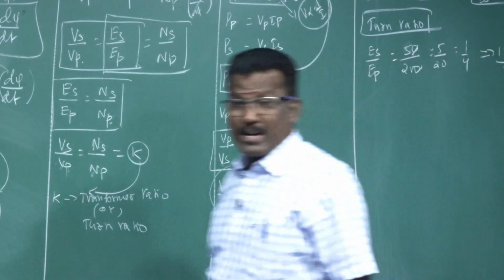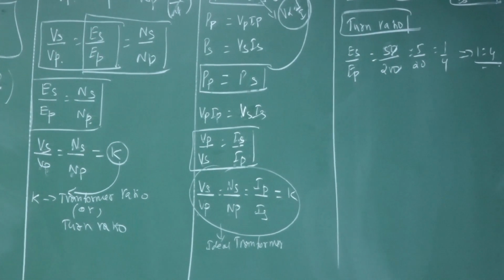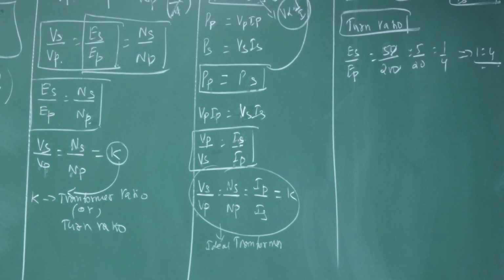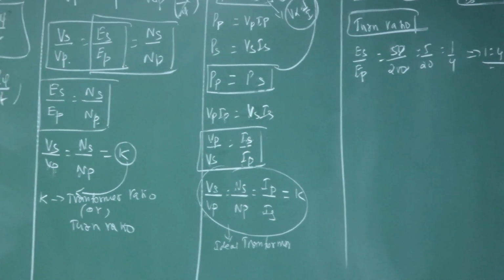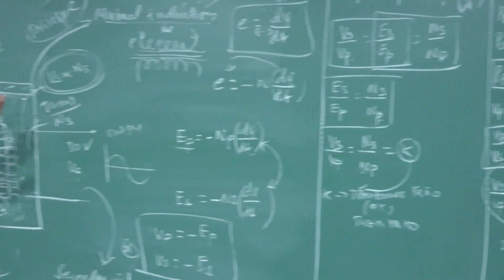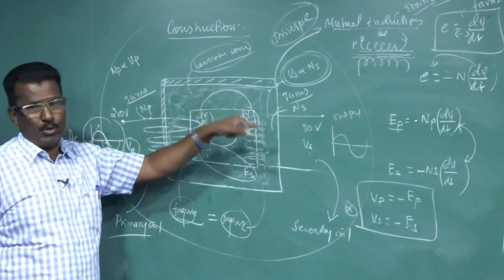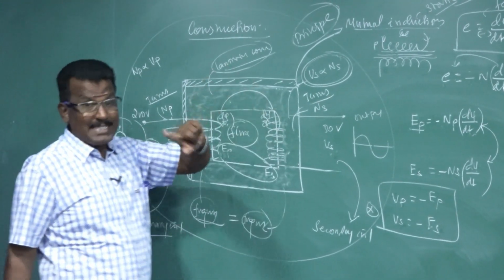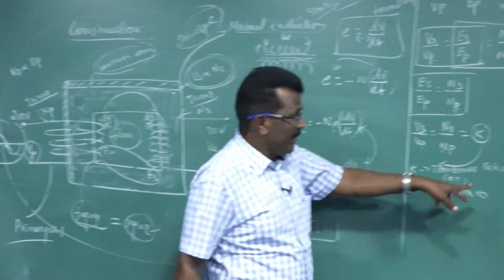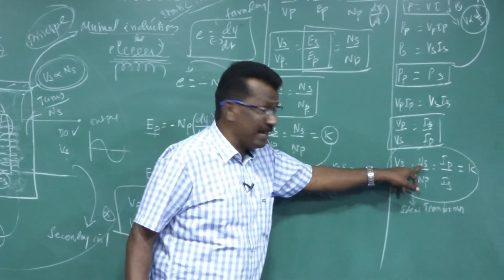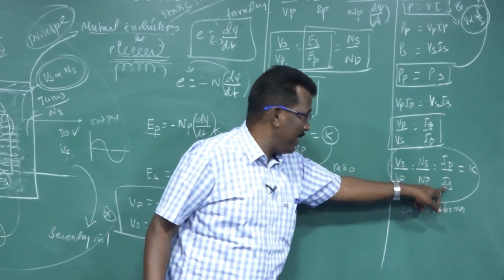Turn ratio 1:4. The turn ratio is always output voltage to input voltage, or output turns to input turns, or input current to output current. In the case of an ideal transformer only, mind it, Vs by Vp is equal to Ns by Np is equal to Ip by Is.